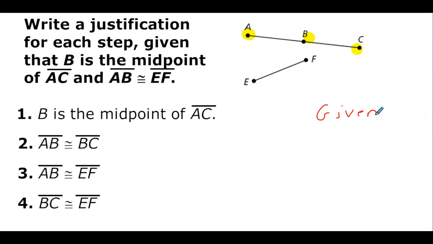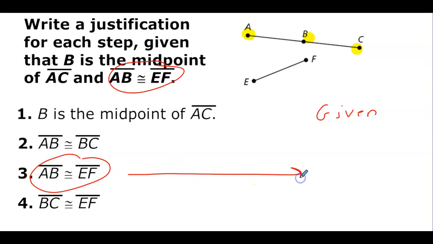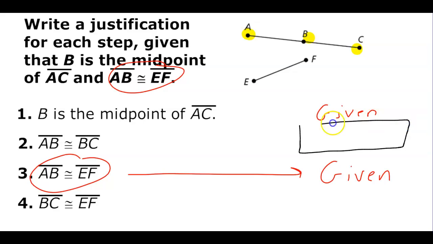And also, this right here, step 3, was also given to us. They just told us that from the very beginning. So really, we only have 2 blanks to figure out. 2 missing reasons.